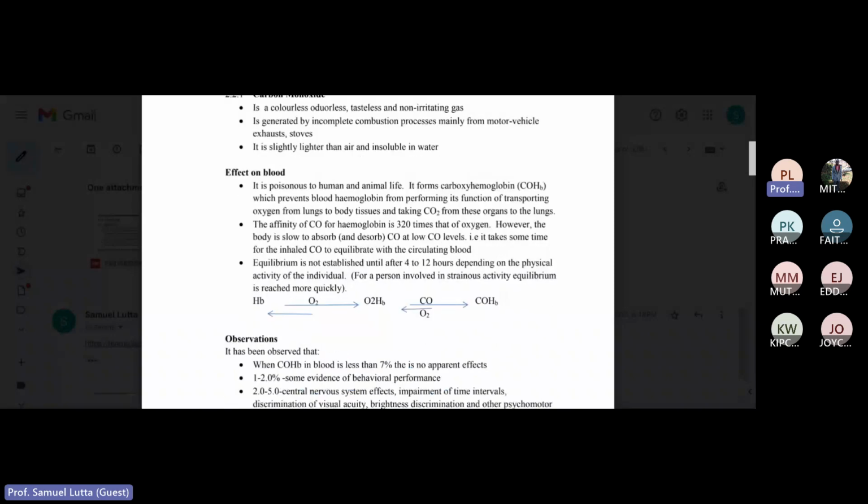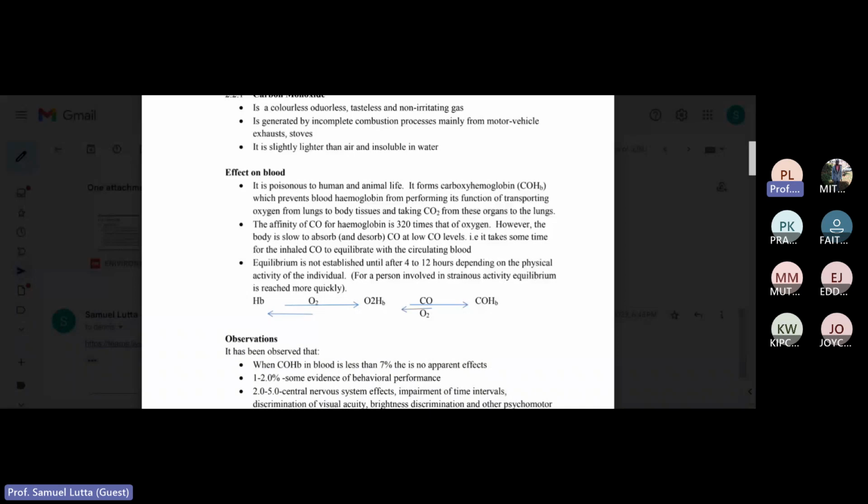It is slightly lighter than air, so this makes it even worse because it will float in the air, and that will make us breathe the same. It is also insoluble in water, so it cannot be absorbed by water. It is poisonous; we have explained why.